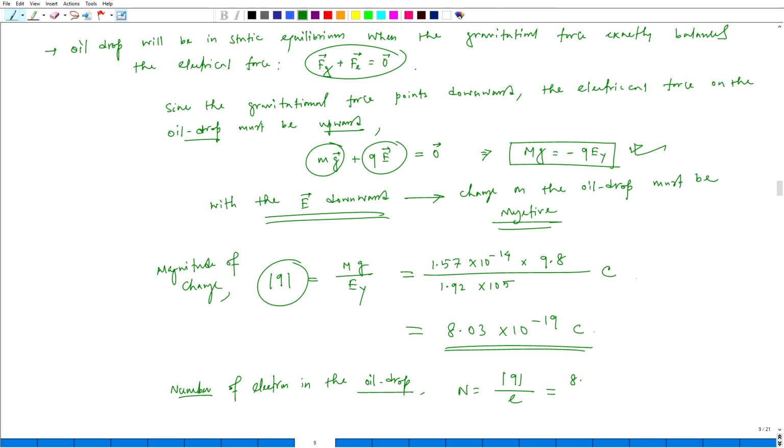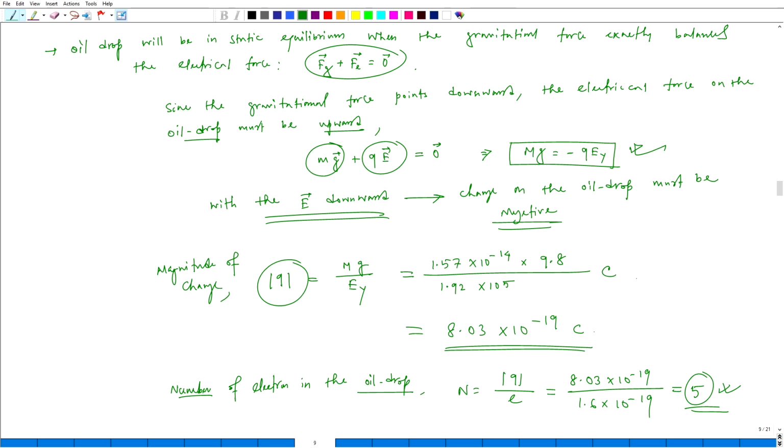That is 8.03 times 10 to the power minus 19 divided by 1.6 times 10 to the power minus 19, which is about 5. Since n is a number, it cannot be a decimal, it is an integer value, so we approximate to 5.